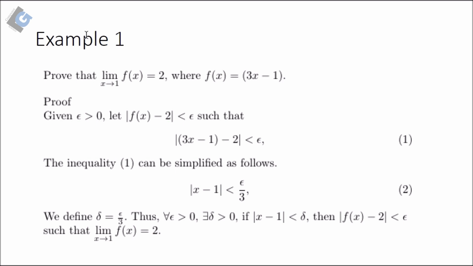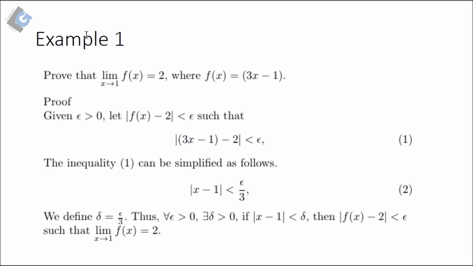So first step, for a given positive epsilon, we suppose the absolute value of f(x) minus 2 is less than epsilon, such that the absolute value of 3 multiplied by x minus 1 minus 2 is less than epsilon.